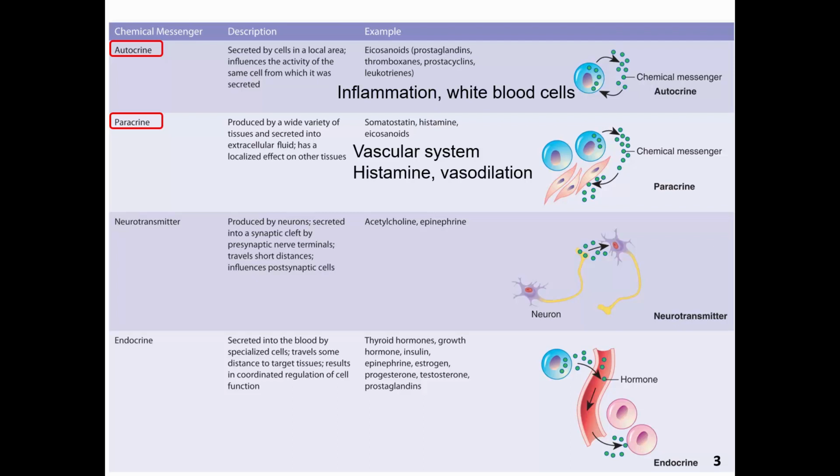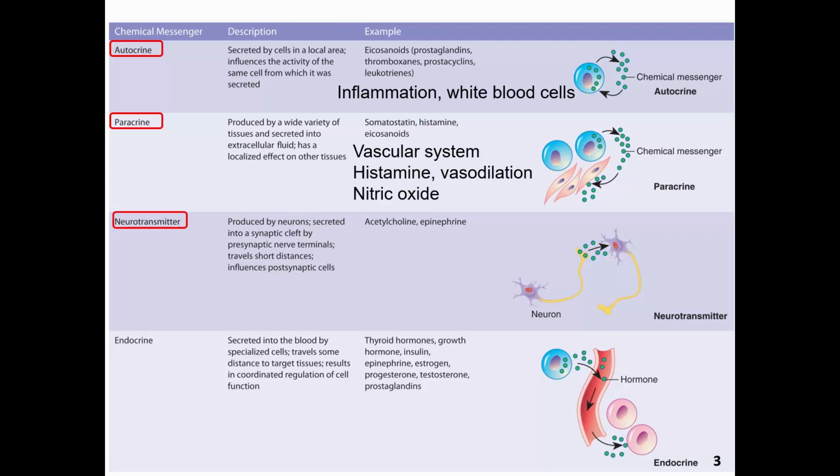Histamine, as an example, is secreted by cells that will promote vasodilation. And nitric oxide is another compound produced by cardiovascular cells that will promote vasodilation as well by affecting nearby smooth muscle cells as depicted in this picture.